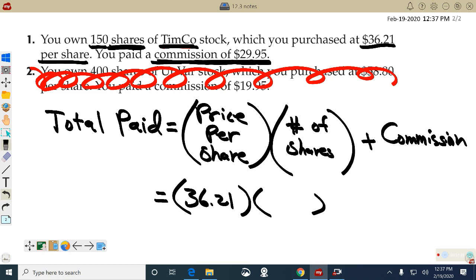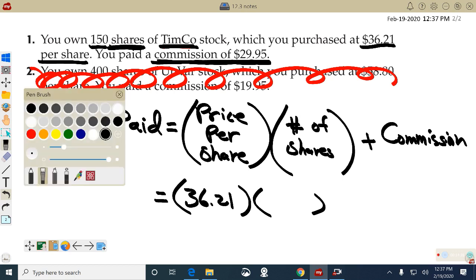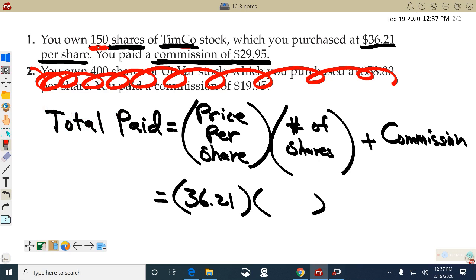Give Pimentel a chance. How many shares am I going to buy here? One? Good job. So I'm going to buy 150 shares. So I'm going to own 150 parts of this company, and I'm buying them for $36.21 per part. So I'm going to multiply that by 150. Plus, I got to pay the stockbroker $29.95.